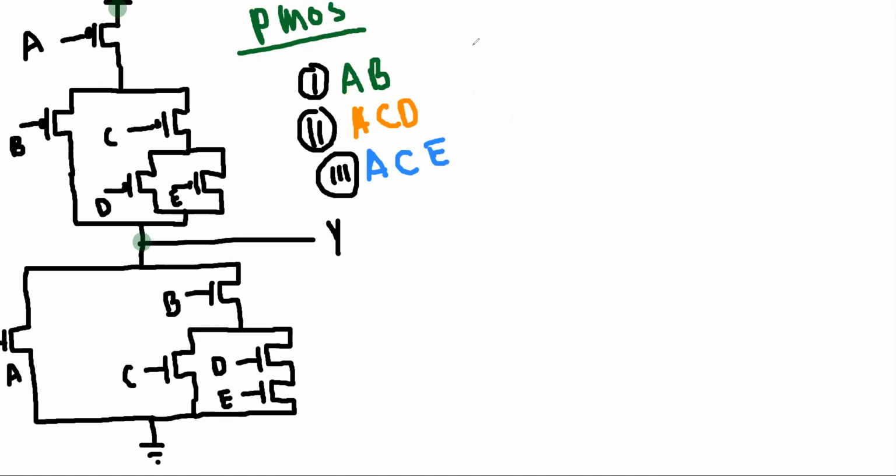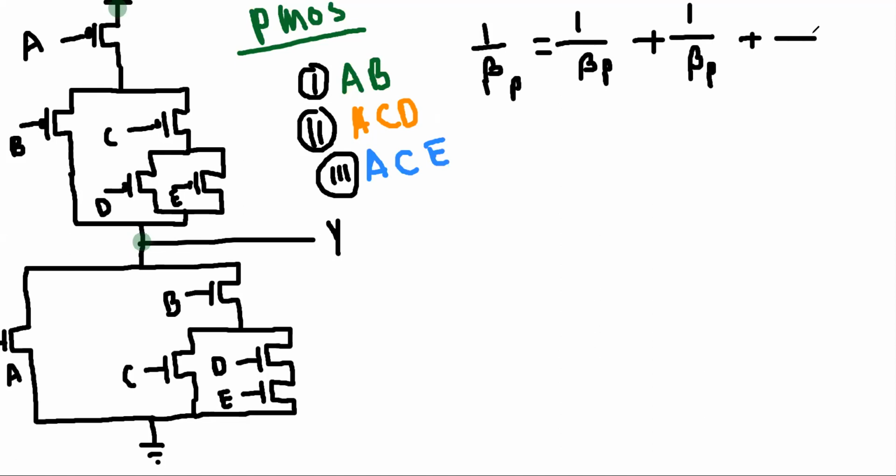So your formula will be this one. 1 divided by beta. Since it is PMOS, I'm going to write 1 divided by beta P equals 1 divided by beta P plus 1 divided by beta P plus 1 divided by beta P. Now this one is the reference.